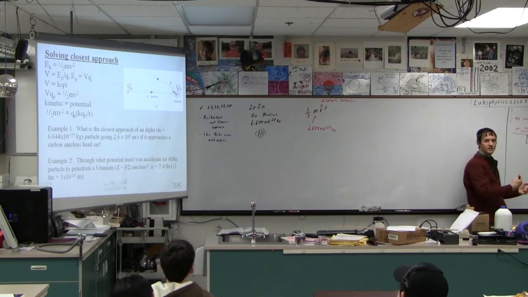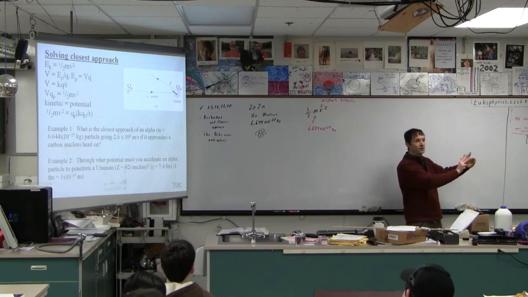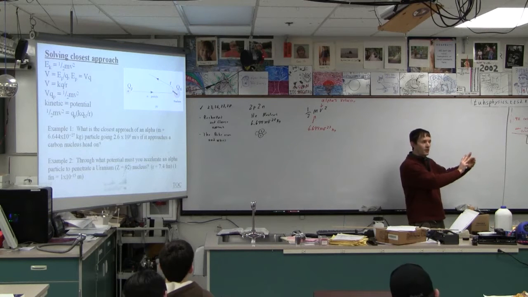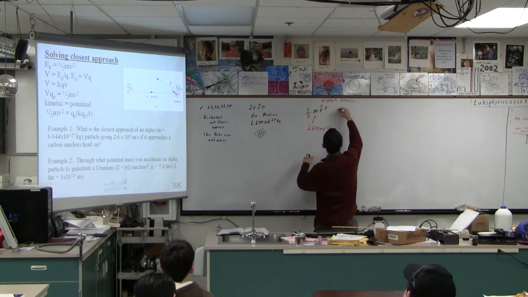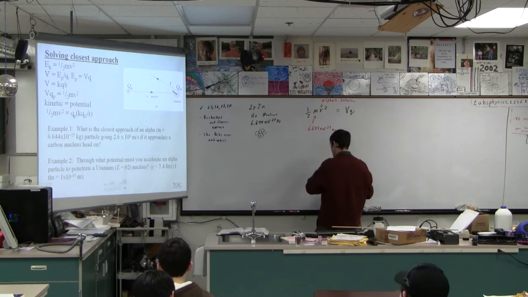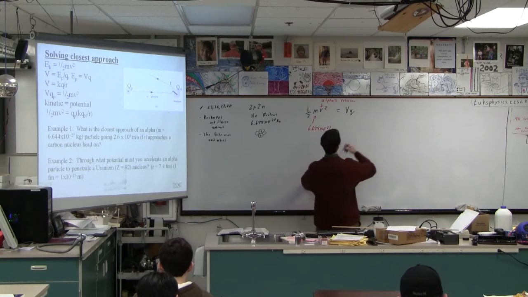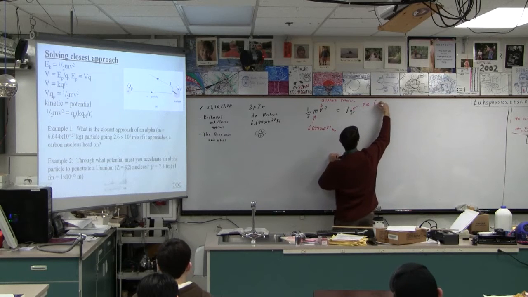And so basically, what you say, at closest approach, it hits it head on, and it actually comes to a halt. Right? So all the kinetic energy is turned into electrical potential energy, right? So that is equal to V times Q. Well, this Q here is the alpha. Okay, so that's 2e because it's the alpha particle.